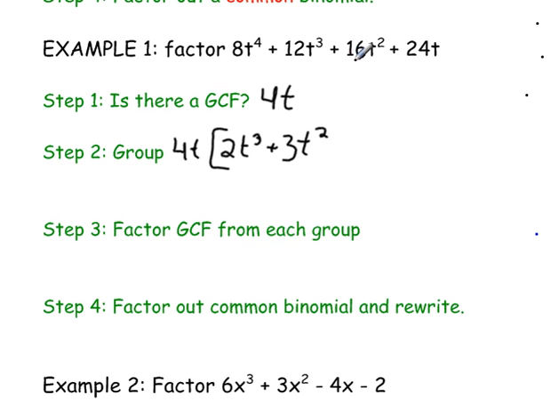Okay, next I've got 4 factored out of 16 leaves us with 4. And t factored out of t squared leaves us with t. And our last term, 4 factored out of 24 leaves us with a 6.